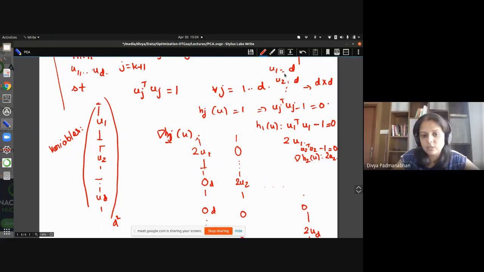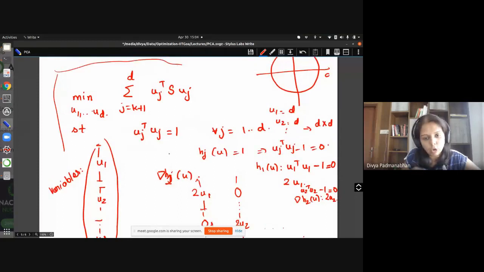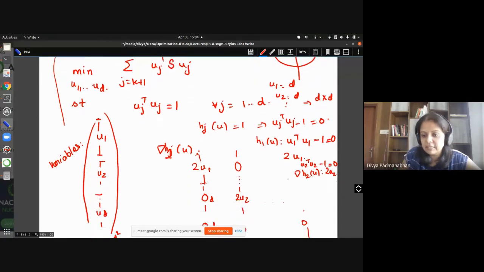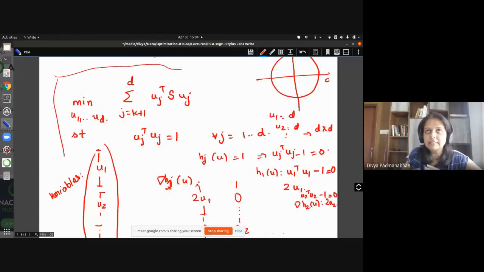Yeah, the gradient is with respect to all the variables. Each of these constraints involves only one vector at a time. The first constraint only involves u1, so it involves only the first d components. The second only involves the next d components, and so on.